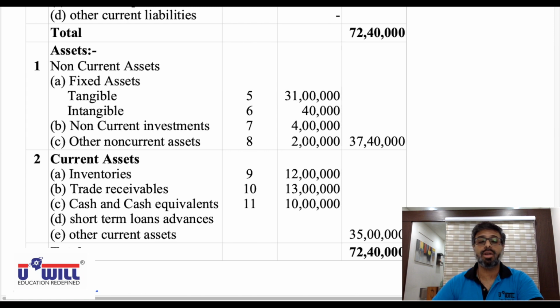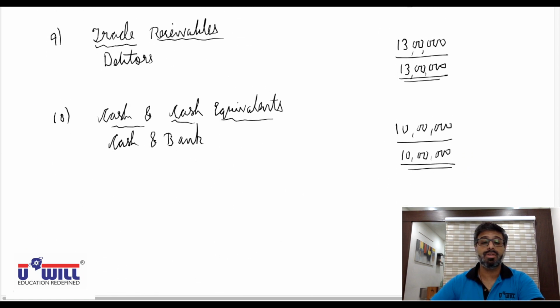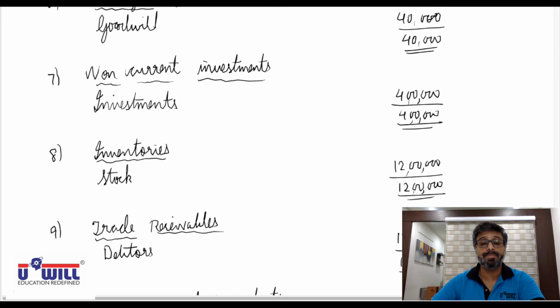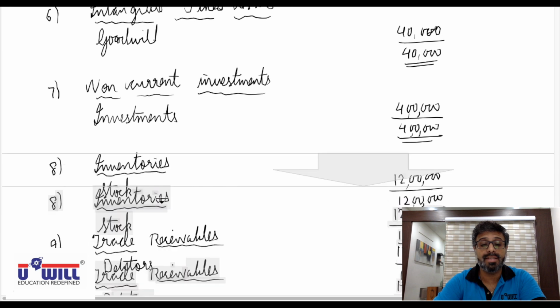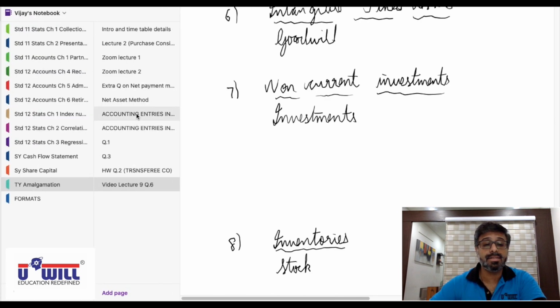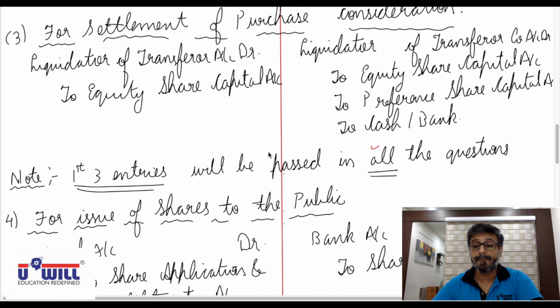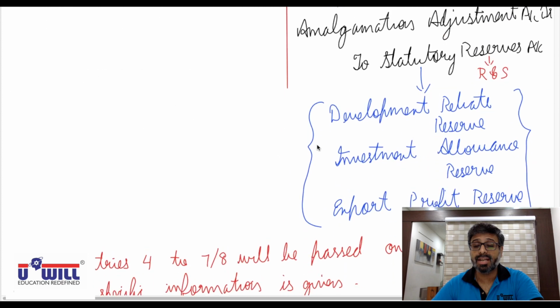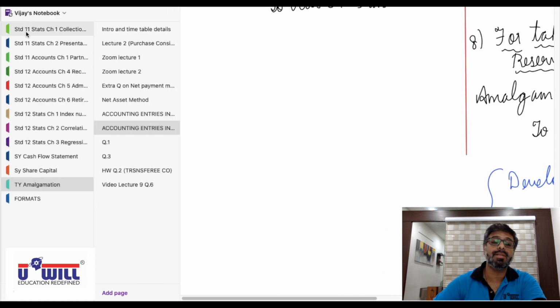Okay, in this other non-current assets, this 2 lakhs is of amalgamation adjustment account. So that will come over here. Other non-current assets will come after non-current investments. We have seen in these entries that this amalgamation adjustment account we show in other non-current assets, and statutory reserve we show in reserves and surplus.